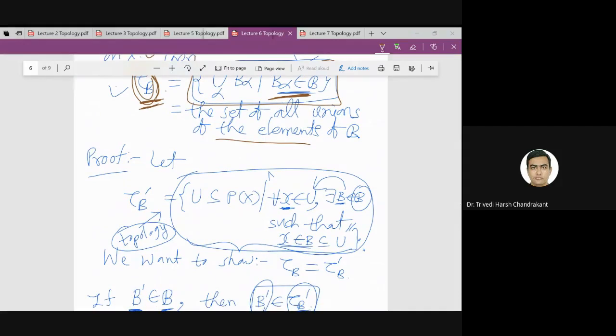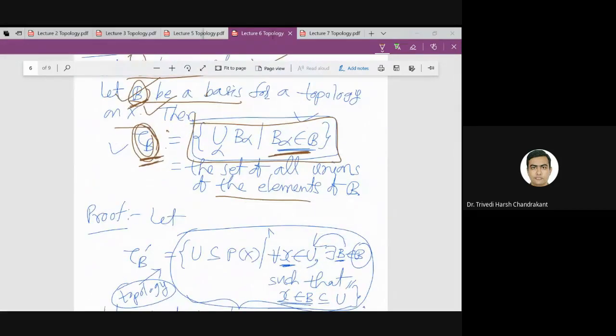So we were trying to prove this result. Let us recall what tau B is. Tau B is nothing but the set of U belonging to the power set of X such that for all x in U there exists a basis element B belonging to B such that x belongs to B, which is a subset of U.